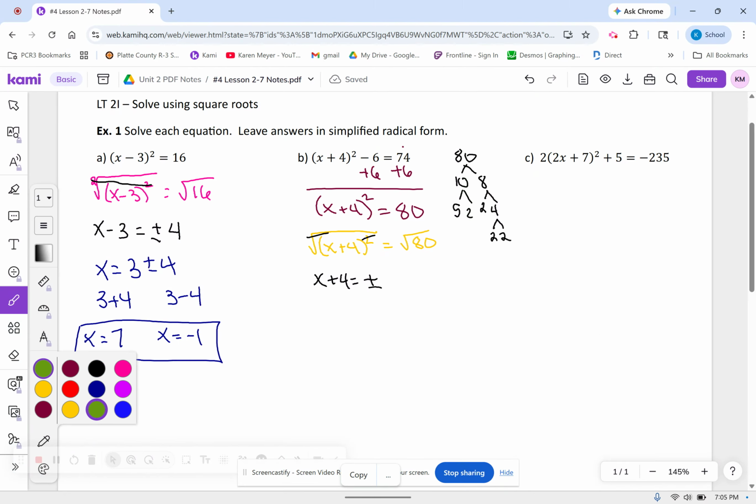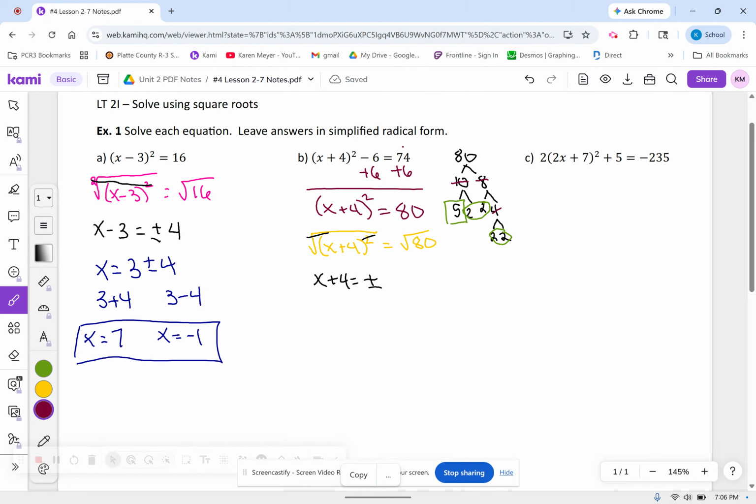So then I'm looking for 2 of the same number, and I have 2 2s, another 2 2s, and then I have a leftover 5. And remember, you are not allowed to use 10, 8, or 4 because those numbers broke down.